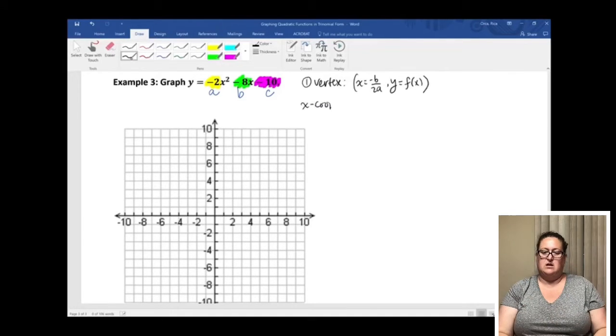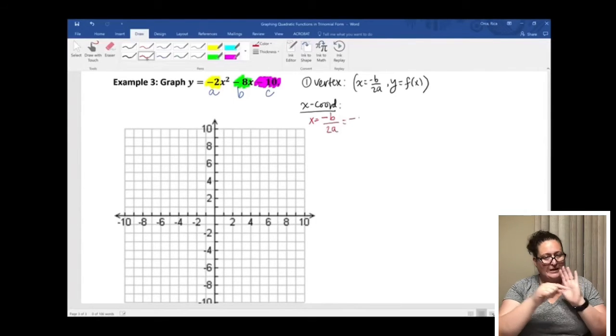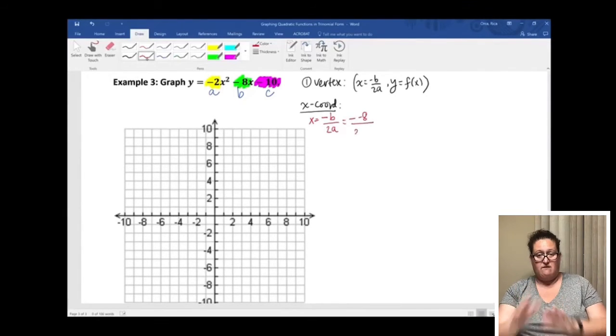Start off with the x coordinate. X equals -8. So b is -8. So -8 divided by 2 times a, which is -2.